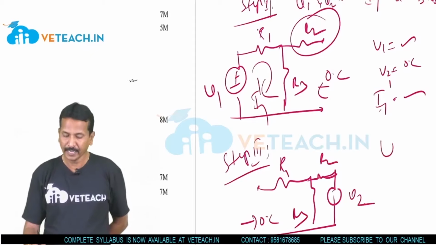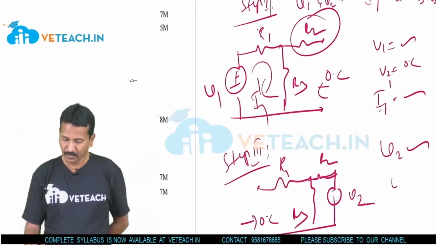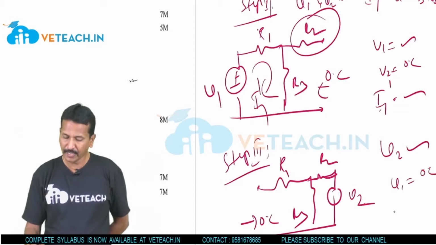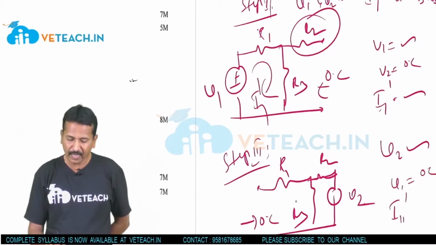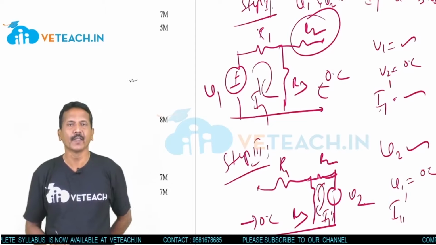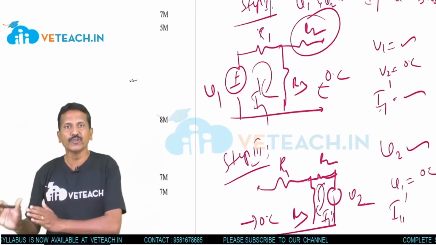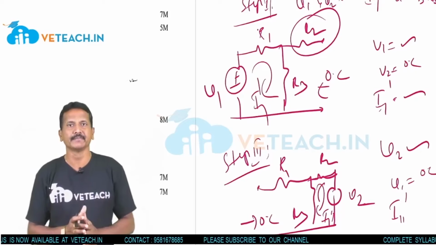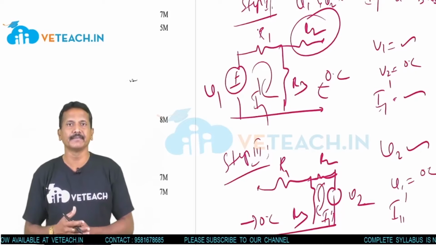Now V2 is there, V1 is open circuited, and you are finding here I1 double dash. I1 double dash means the source is removed and we find a new current. That is nothing but the position of the current.